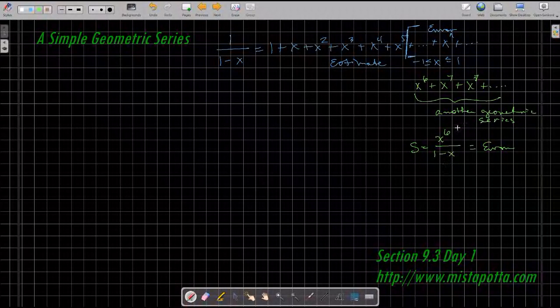The only thing that's different is this initial term, which in this case is x to the 6th. So in other words, I can come up with an exact formula for how much off I am for a geometric series.